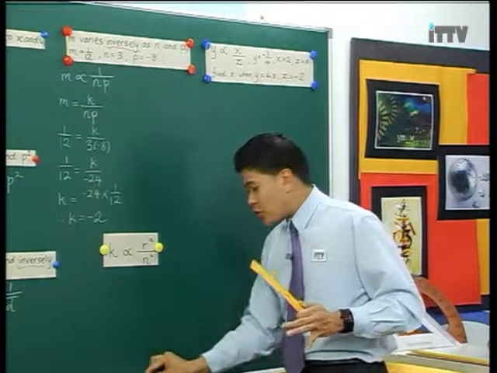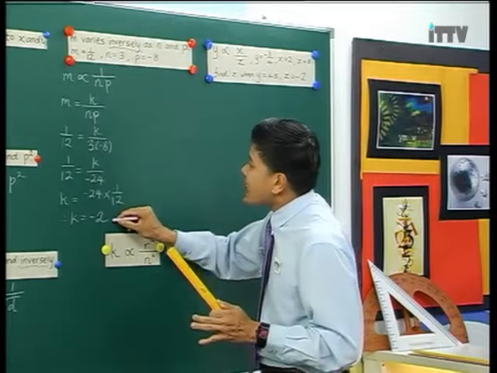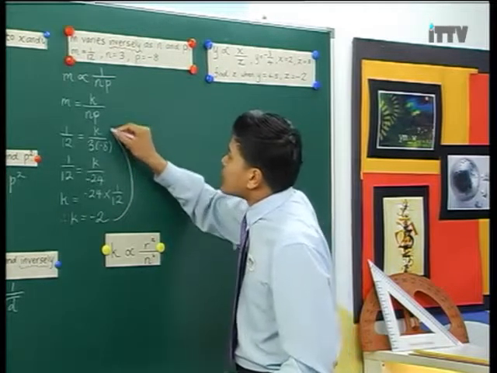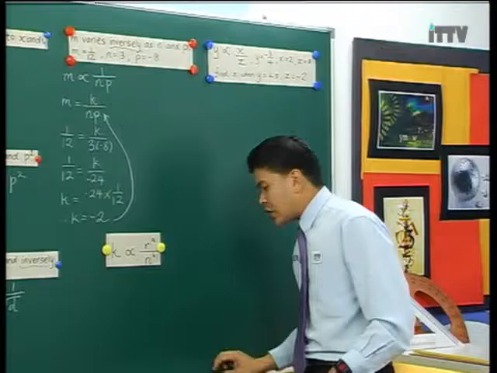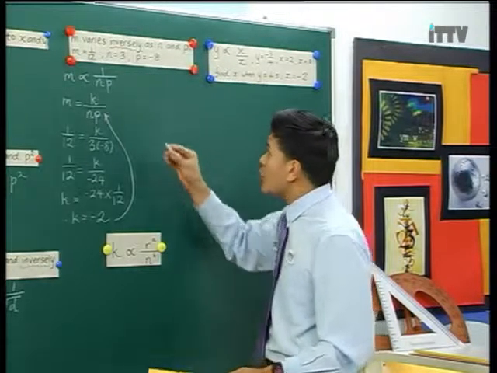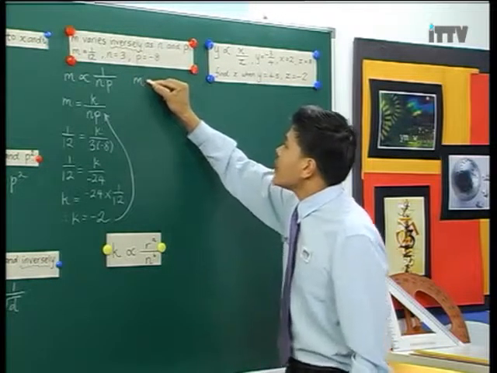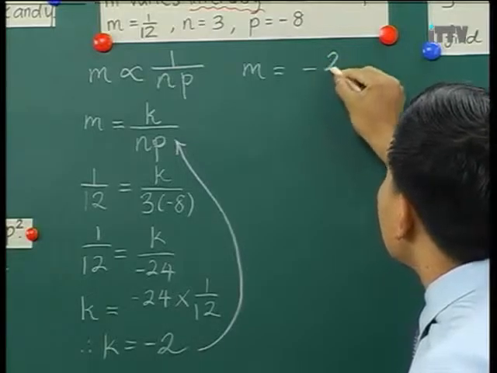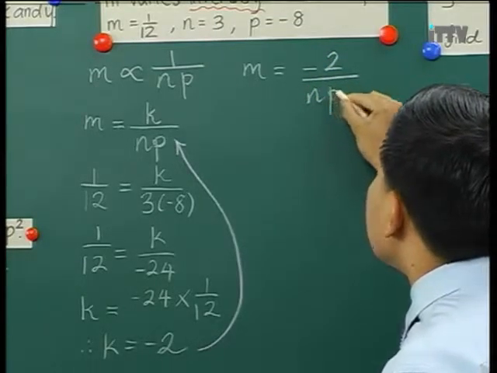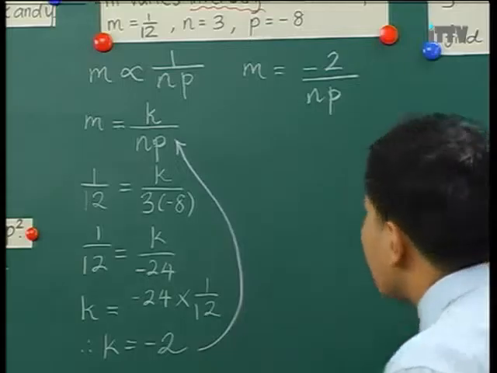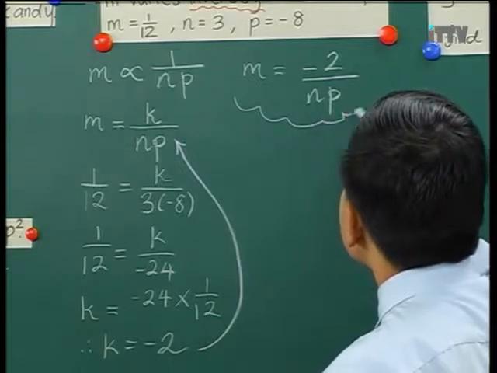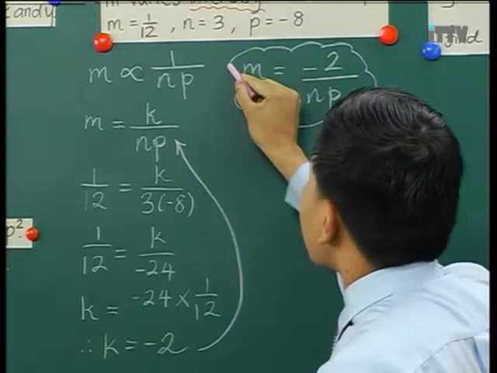Alright, with that now you can put it back inside the equation involving the 3 quantities. Okay, you need to always put it back. Alright, so what we get is now M is equals to negative 2 over NP. Okay, and this, guys, is very important because once this is in place, we can use it to find other variables.